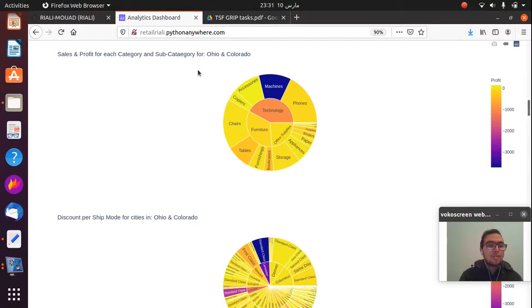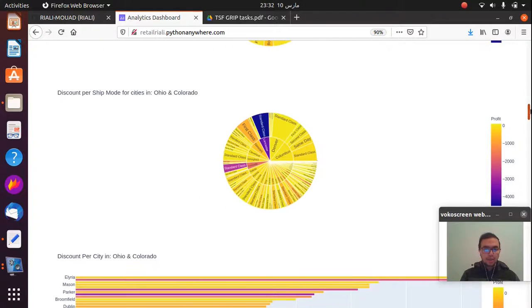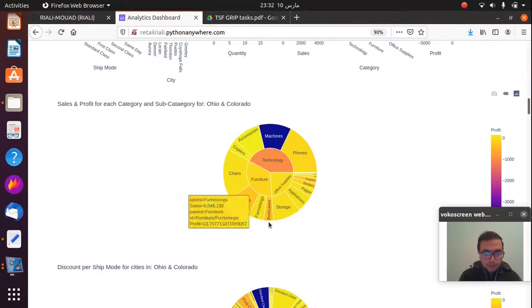Here we have sales and profit for each category and subcategory, and as you can see, machines is the subcategory that contains the most highly negative profit, and that also presents an important rate of sales in those states, Ohio and Colorado. Here we also have tables, bookcases, supplies, etc.